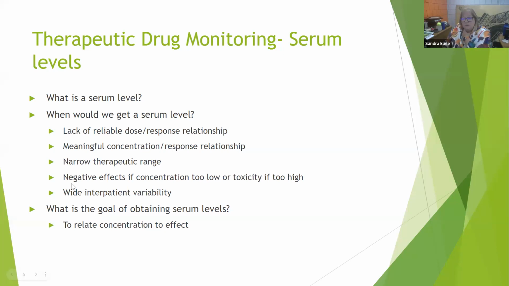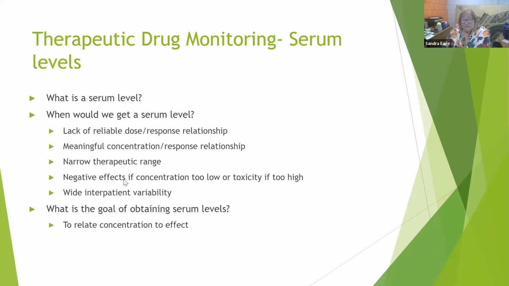Another reason we may want to get a concentration is if it's a really bad thing if the patient's concentration is too low, or if the toxicity will occur. So for example, if we have a patient that has epilepsy, and the only way we're going to know if that patient is not efficacious is if they have a seizure, and they're driving their kids around.